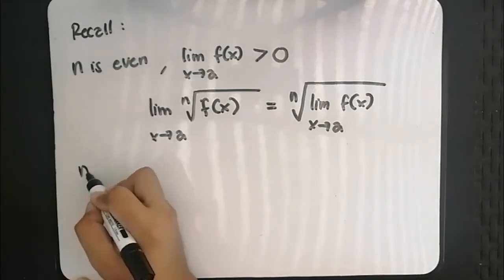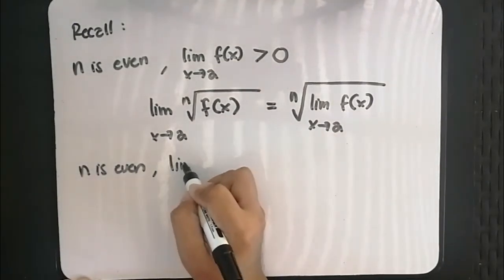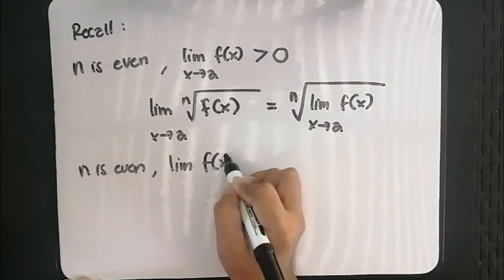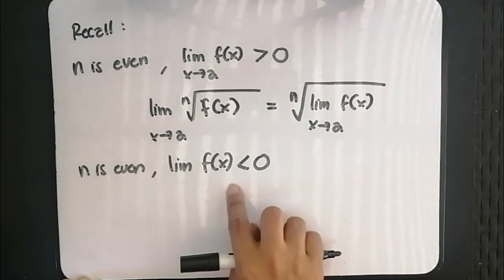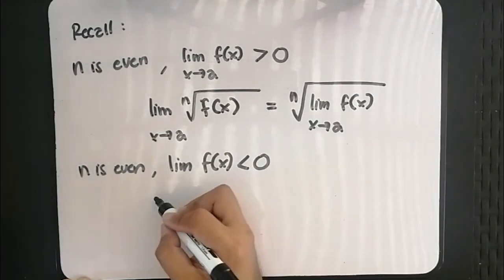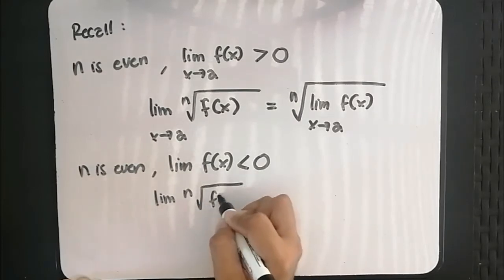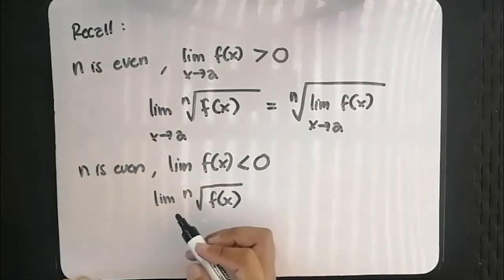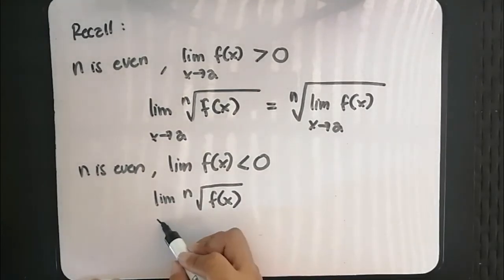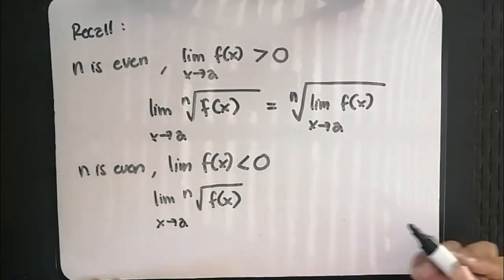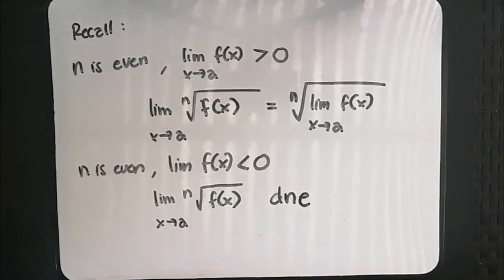However, if n is even and the limit of f of x is less than 0, ibig sabihin nito negative, okay? Negative yung nasa loob. So the limit of the nth root of f of x as x approaches a is actually DNE or does not exist.